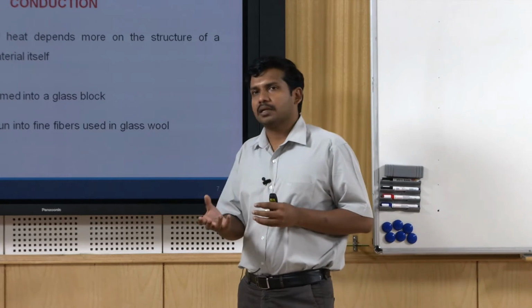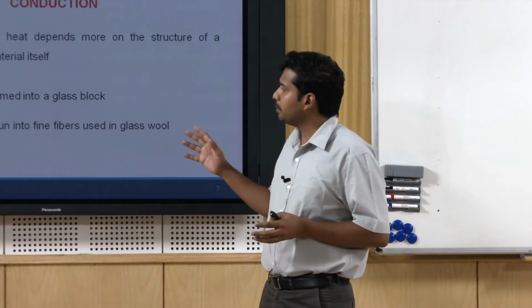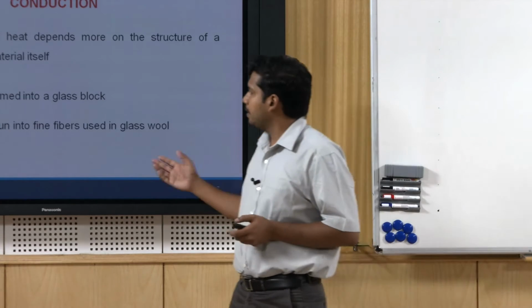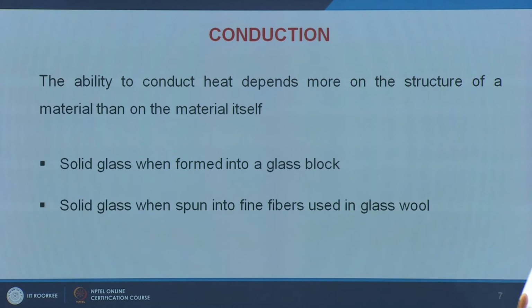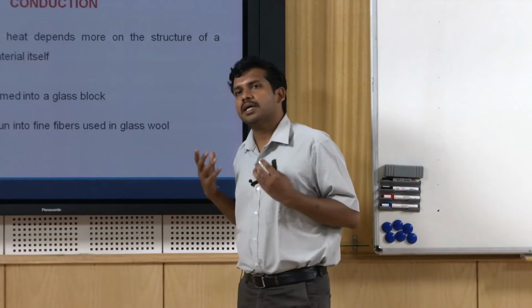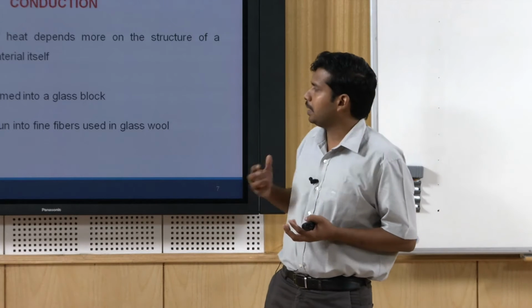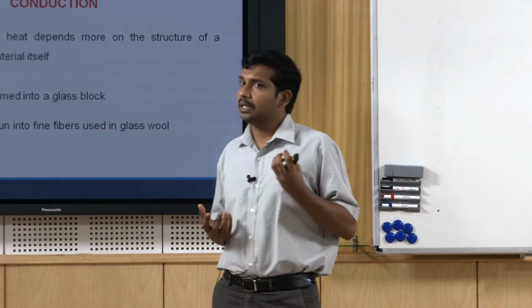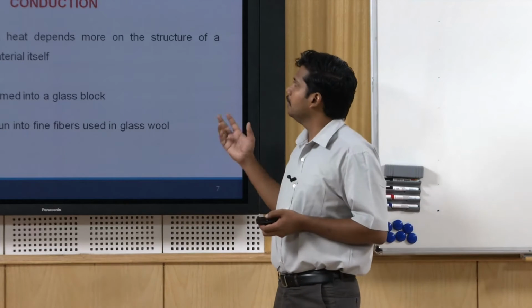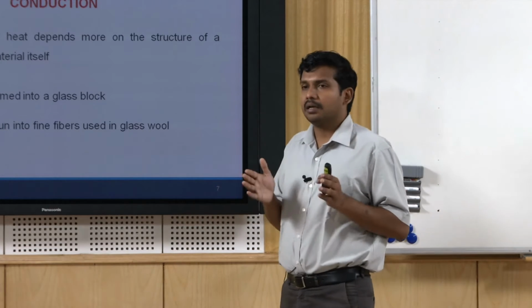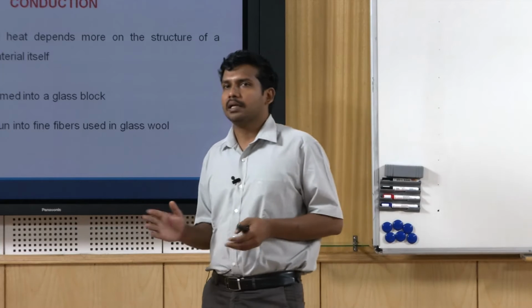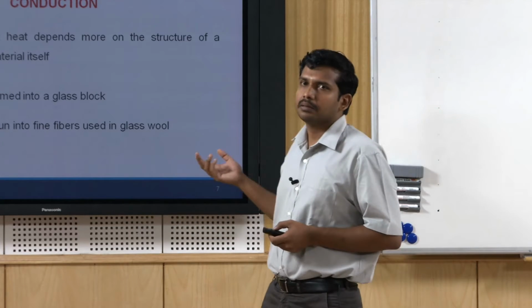The amount of heat transferred through a glass block is going to be considerably more than through fine fiber in the form of glass wool. This also has a similar material, but it is spun in the form of fibers. So the material remains the same, but the internal microstructure of the material is considerably different.